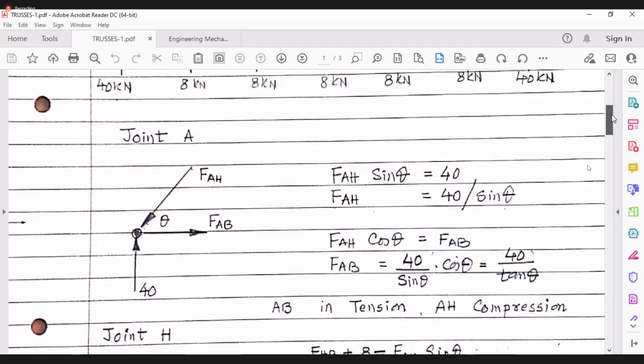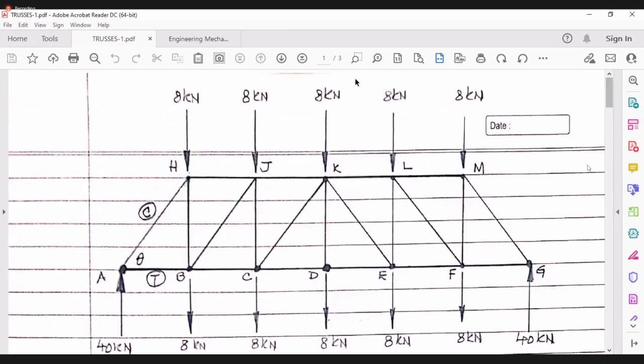Now, first and foremost thing, this is theta, this is theta, this is theta, this is also theta, this is also theta, this is also theta. Okay, same way this is theta, this is theta. Correct? And all remaining angles you can call phi.